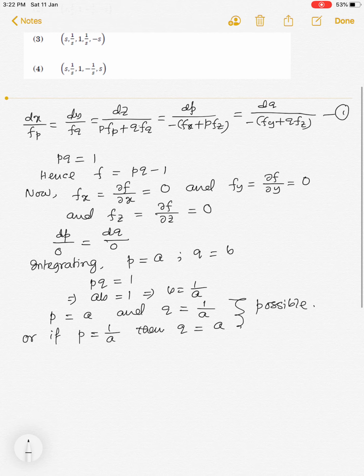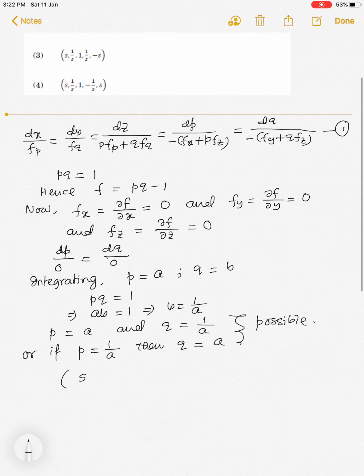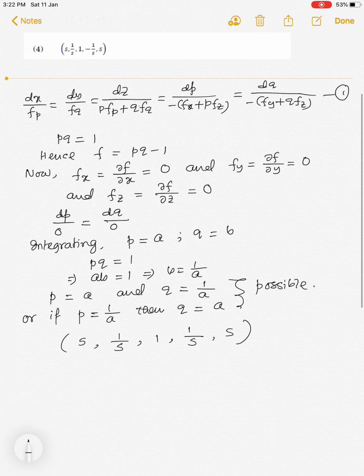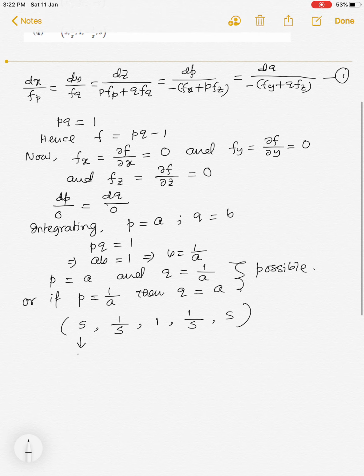In the first option, the initial strip is given by s, 1 by s, 1, 1 by s, and s. This is for x0, this is for y0, and this is for z0, which is already given.